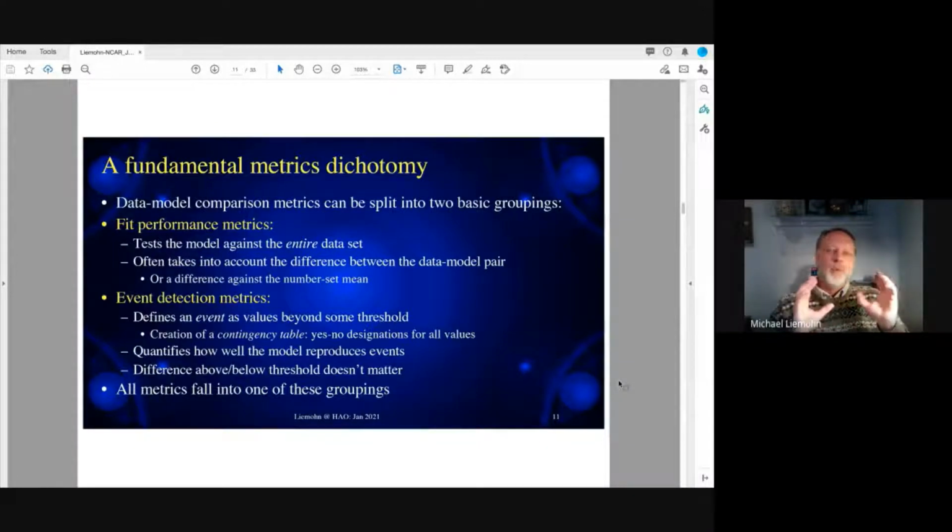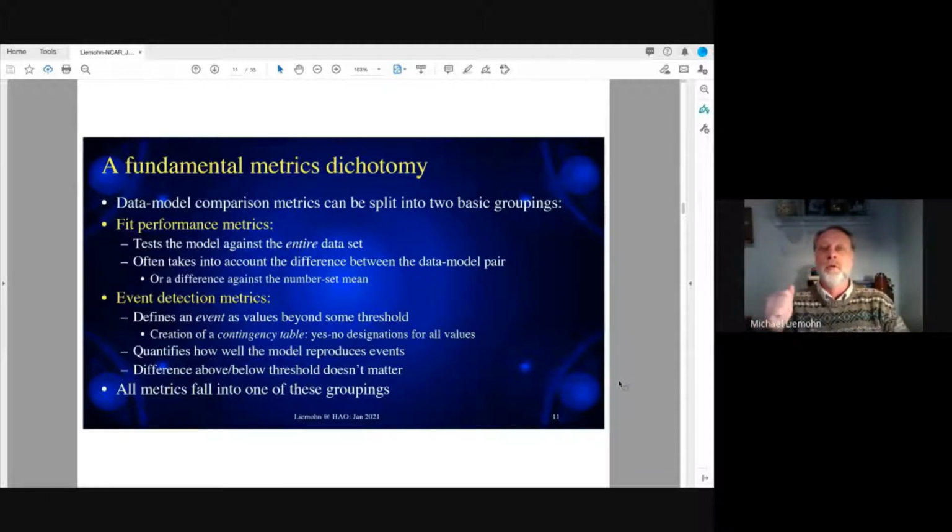But when you specify those event identification thresholds in the two, then you can classify all the model values as event state or not event state, and all the data as event state or not event state. And this allows you to create something called a contingency table of yes/no values. And then from that, you simply add up the number of points in each of the quadrants. And the metrics are all based on those counts.